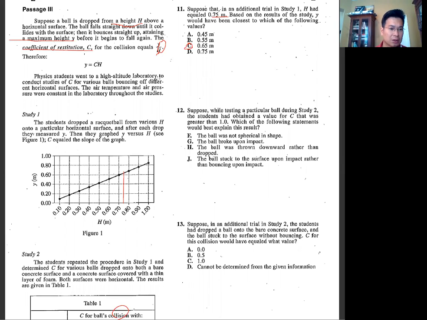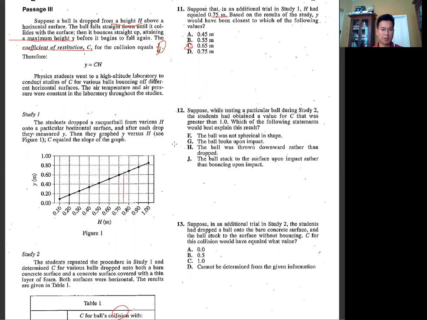So it is less than 1 because Y is the maximum height and H is the height the ball is dropped from. You drop it, it bounces and goes up, so it doesn't come all the way back up here.